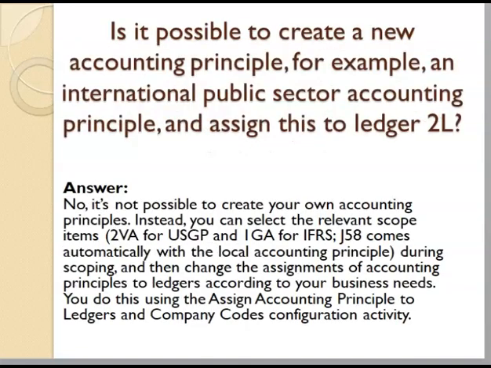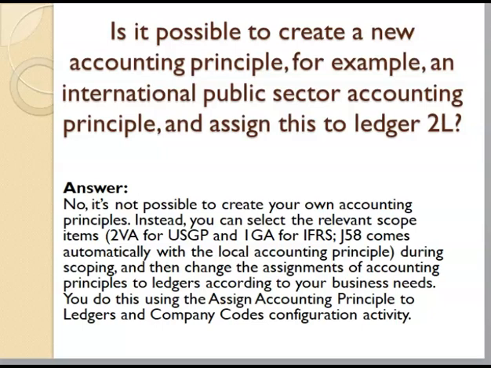Is it possible to create a new accounting principle, for example, an international public sector accounting principle, and assign this to ledger 2L? Answer: No, it's not possible to create your own accounting principles.